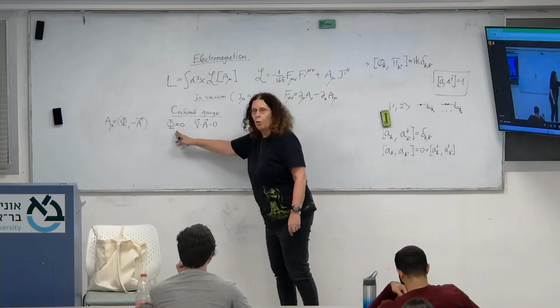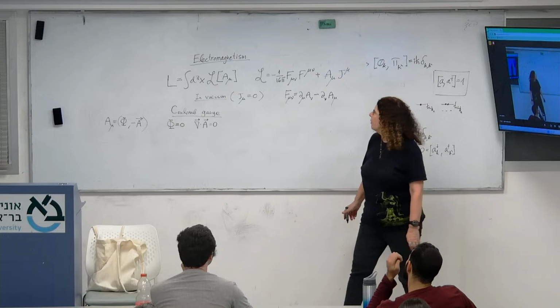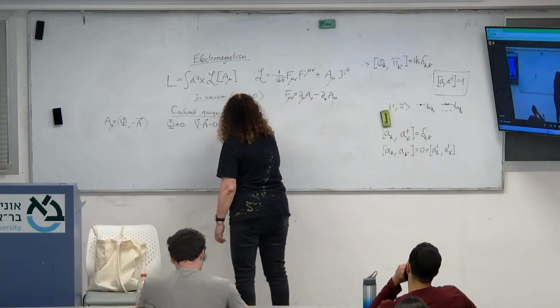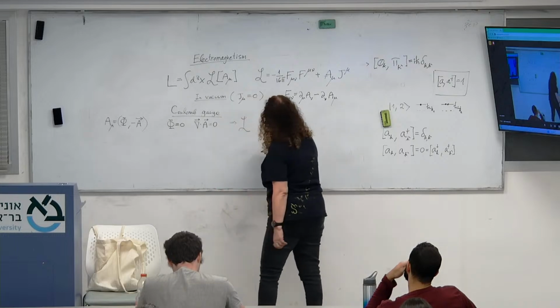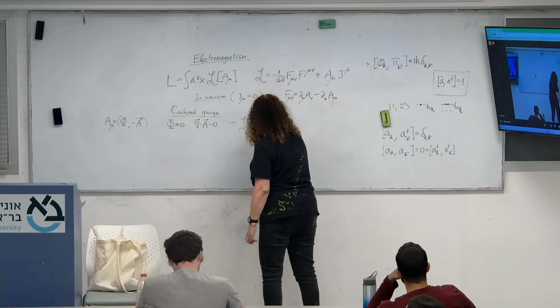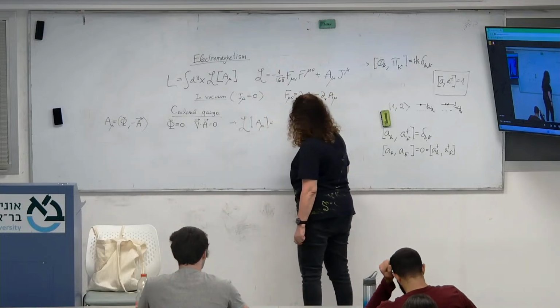If you use these constraints, I'm not doing the calculation, but let me write down the result. For the Lagrangian density, it's going to take the form.